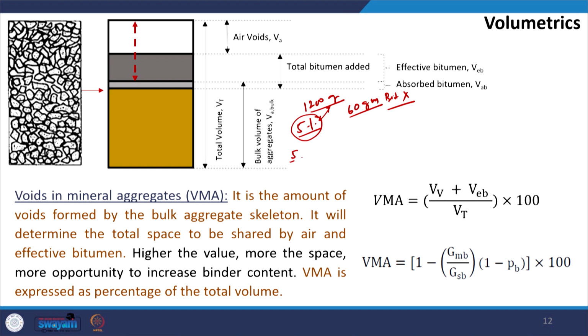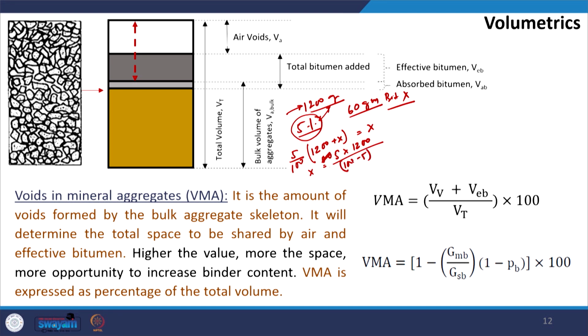So, what you have to do, this is 5 by 100, let us say the weight of the bitumen is x, weight of the aggregate is 1200 gram. So, 5 by 100 into 1200 plus x should be equal to x. This is the equation which you have to solve. So, ultimately x is equal to 5 into 1200 divided by 100 minus 5.